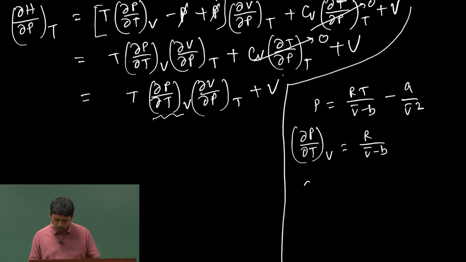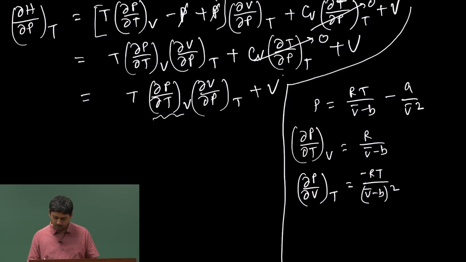So, we can say del P by del V at a constant T is minus RT by (V minus b) squared, plus 2a by V cubed. Am I correct?